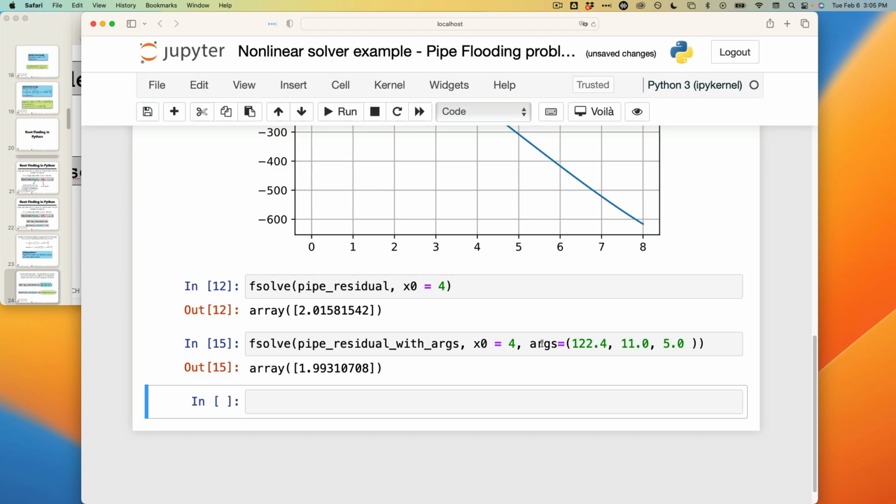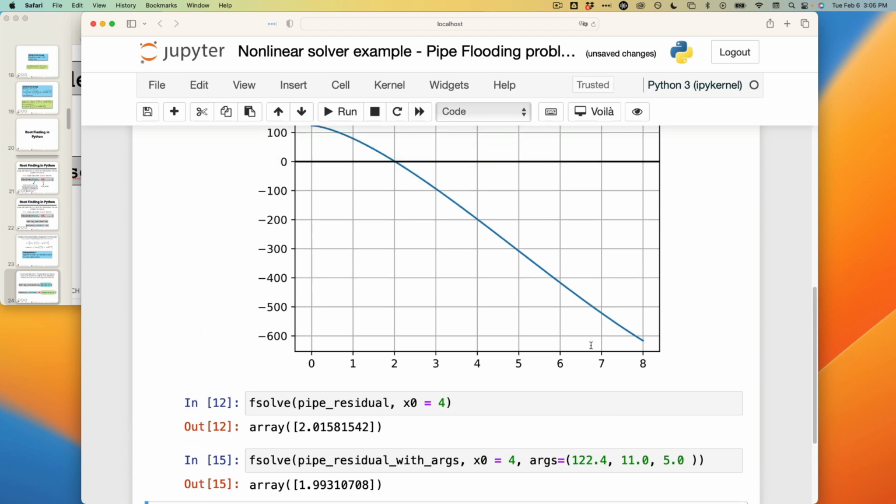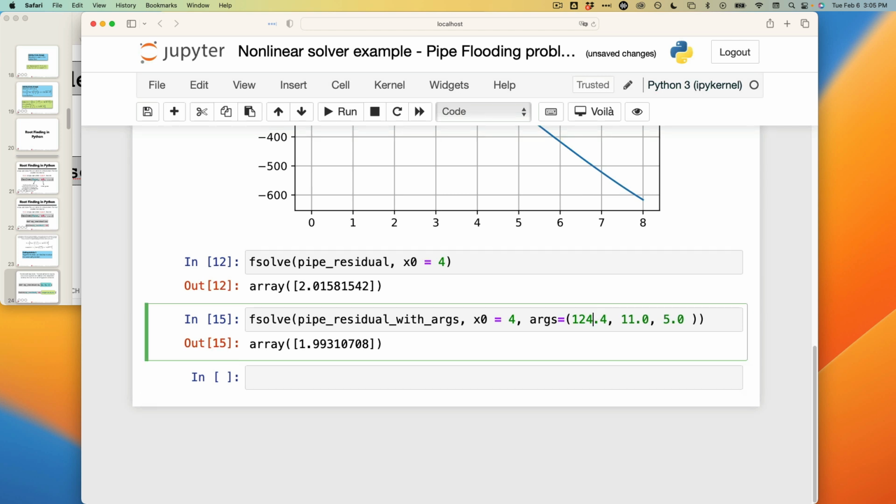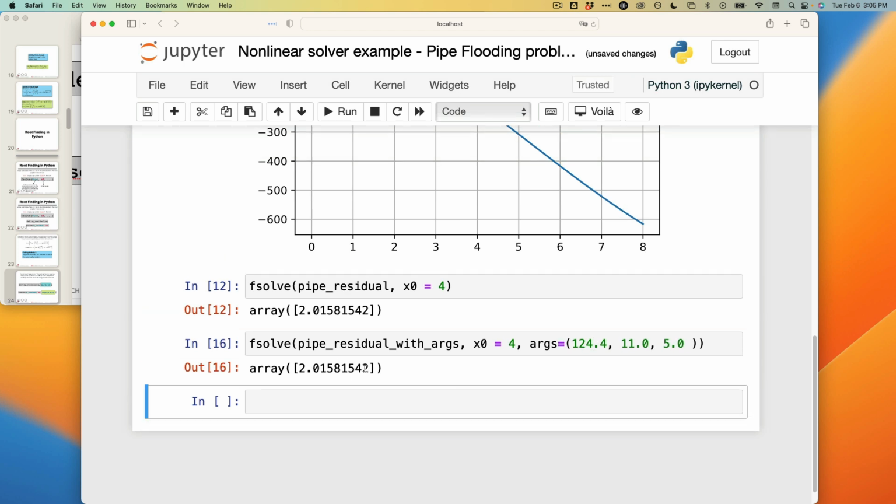And now it works. What was it? 124.4. Indeed, it's the same exact root as the other one, except now I am passing those additional arguments, V, L, and R, as part of fsolve. I don't ever have to revisit that residual subroutine.